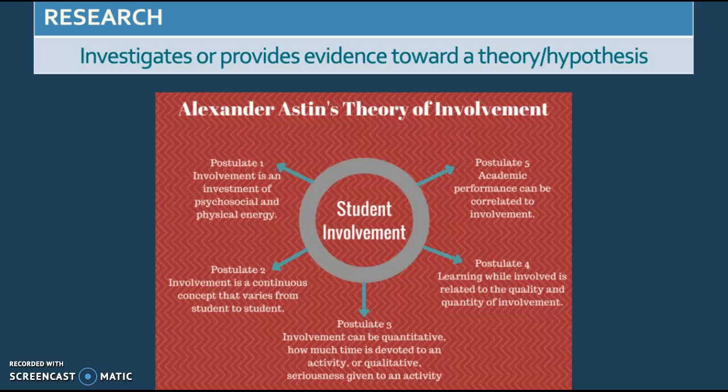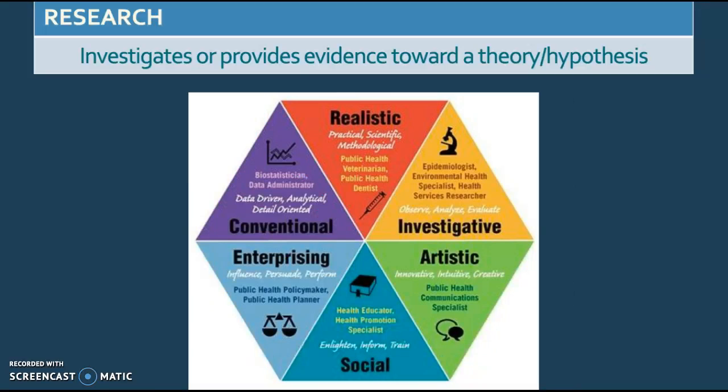If we are providing the right opportunities, if involvement is our outcome, students will be drawn to it and will want to become engaged, so that they can produce some of these higher ordered outcomes around academic performance and learning described in postulates 4 and 5.